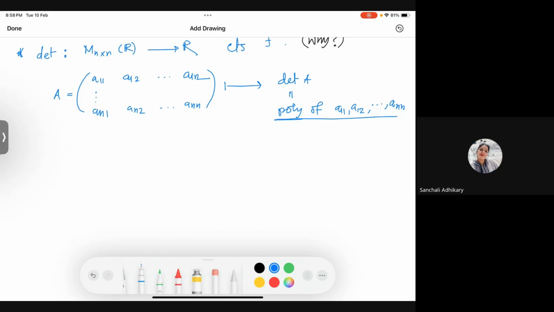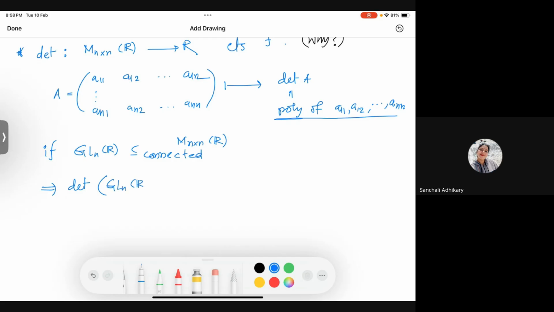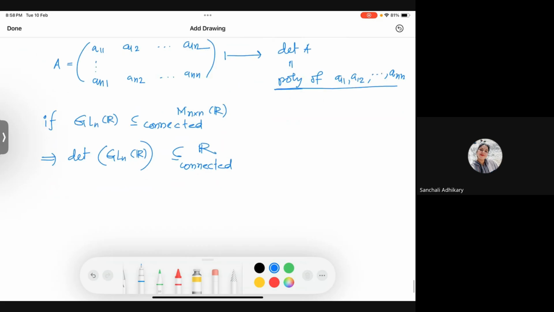So now observe, if GLnR is connected in M n by n over R, it will imply f of A is also connected in R. But what is f of A? f of A is R star, right?